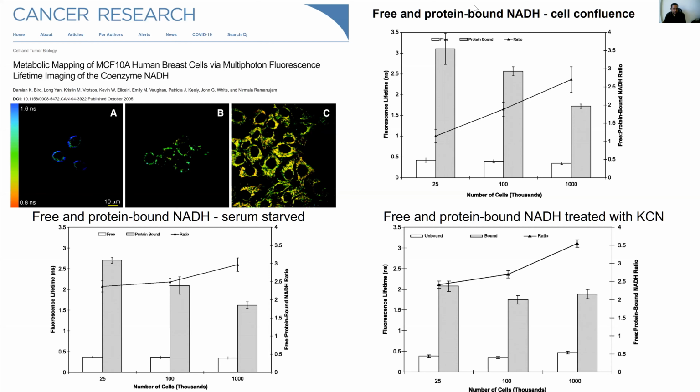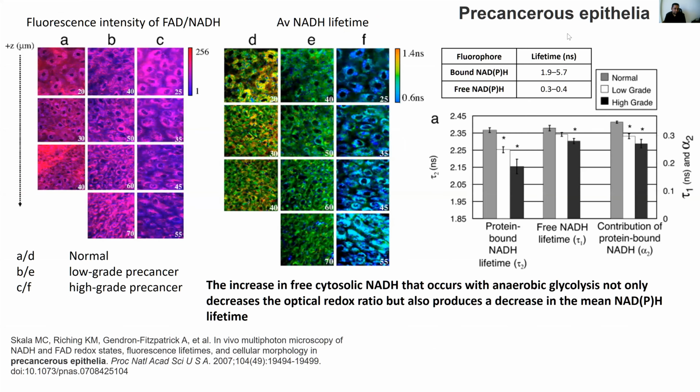And again, this is another paper that deals with the precancerous epithelia, which I talked about before. So these are different cancer cells. Here, this row is normal, then these are low grade, and this is high grade, and similar is true. This is the optical redox ratio. The definition is different again here. And you see the redox ratio going down, but also changing depending on how precancerous the cells are. Same thing here.